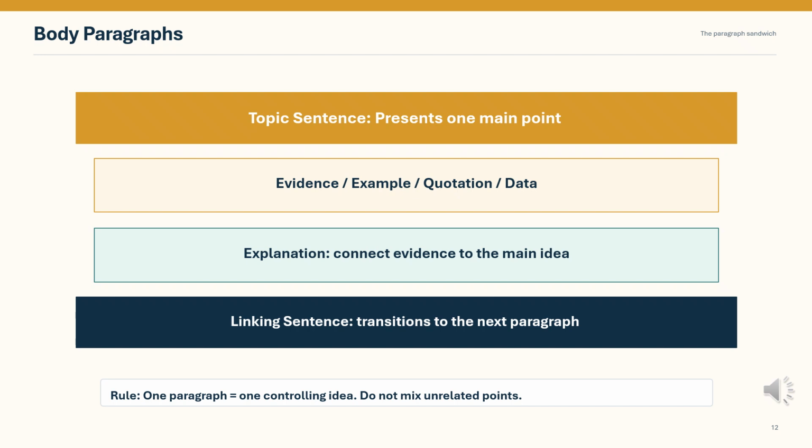And there should also be linking sentences that connect the paragraph to the next idea. Remember a very simple rule that one paragraph equals one idea. Now, you should not mix unrelated points in one paragraph. If one paragraph begins with teamwork, it should not suddenly shift to pollution, or it should not shift to mobile phones unless there is a clear connection.